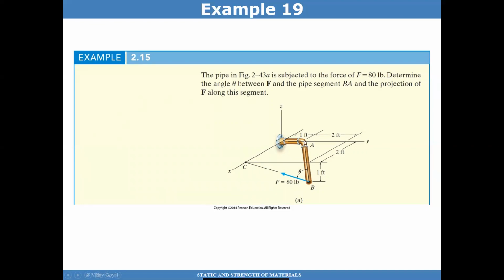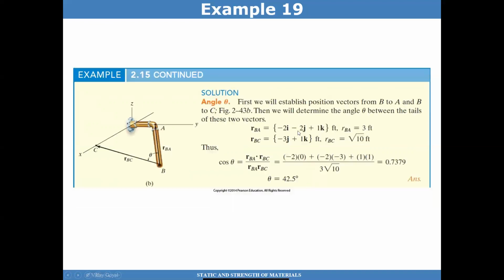So if I know how each of these points is located, I can then figure out the position vector. And once I have those position vectors, I can find their unit vectors. In this case, I know how this vector is oriented, and I know how this vector is oriented. I can now use the dot product of these two vectors divided by their magnitudes to give me the angle in between.